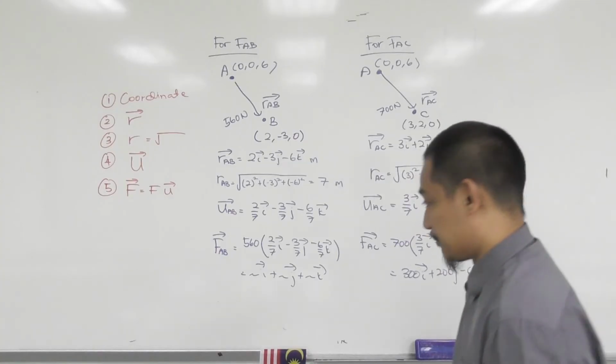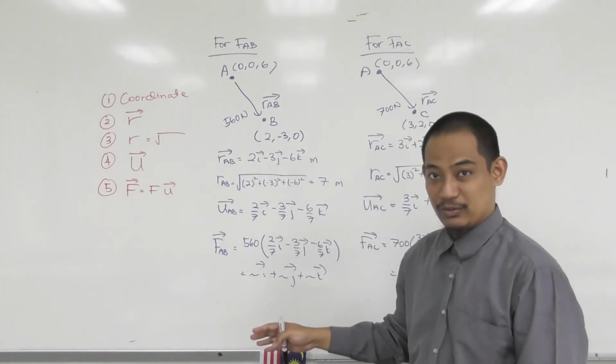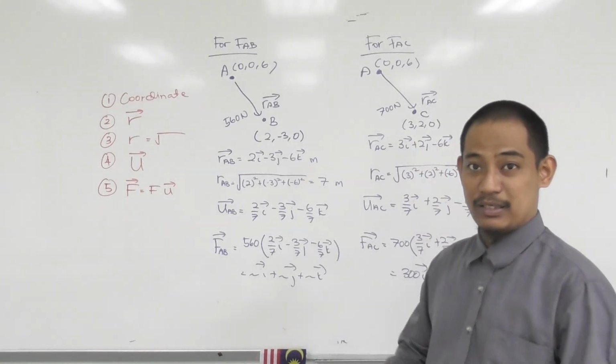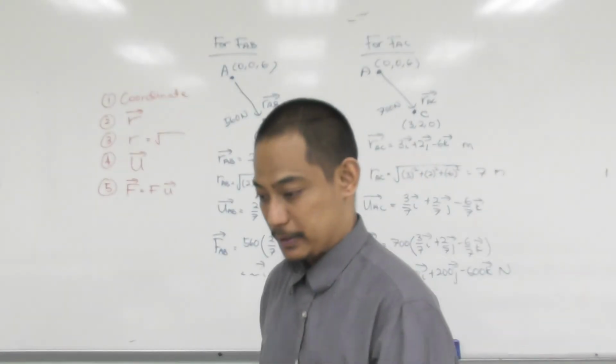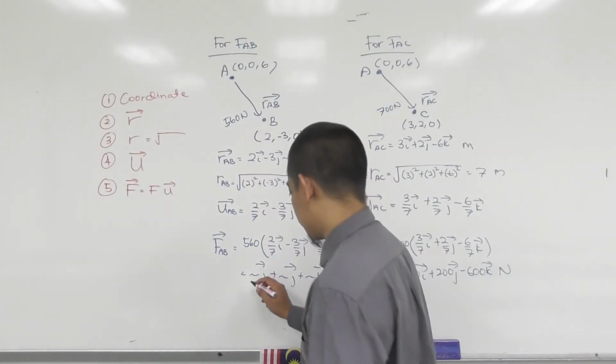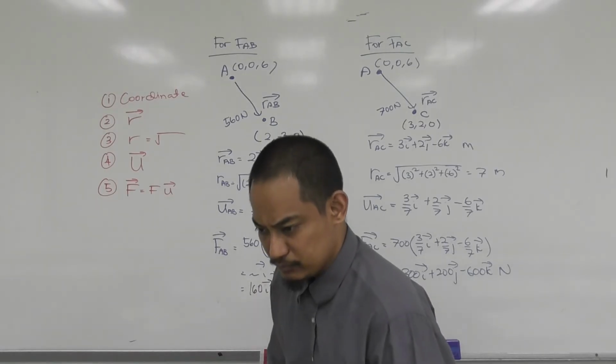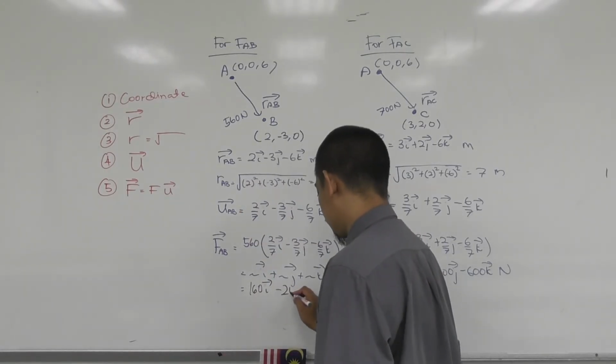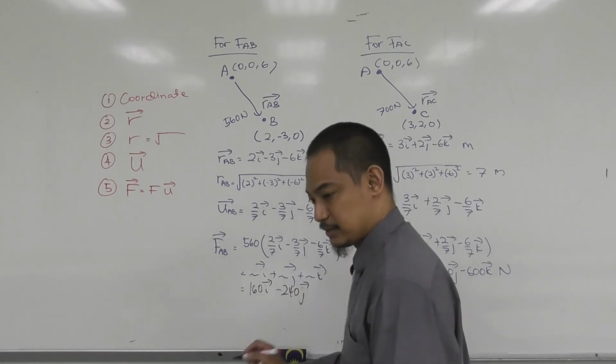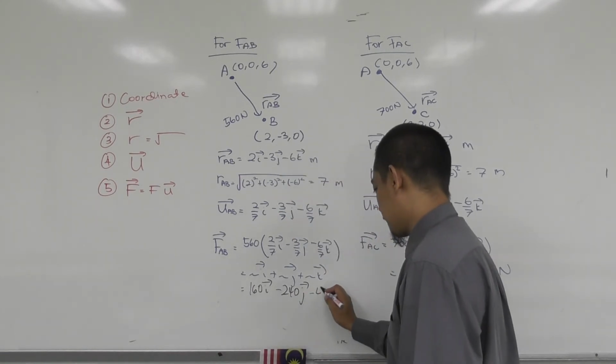Sometimes we calculate something and think it's already the end and we stop there in the exam. That will be devastating. Do not do that. Right, so here we get basically 160i minus 240j, just now, minus 480k.